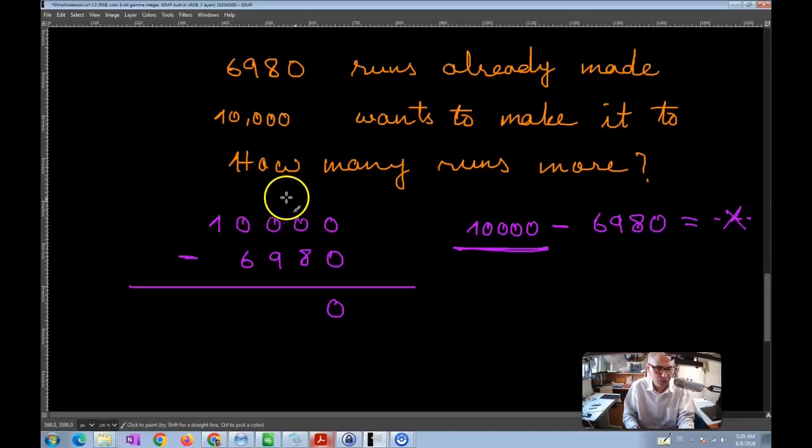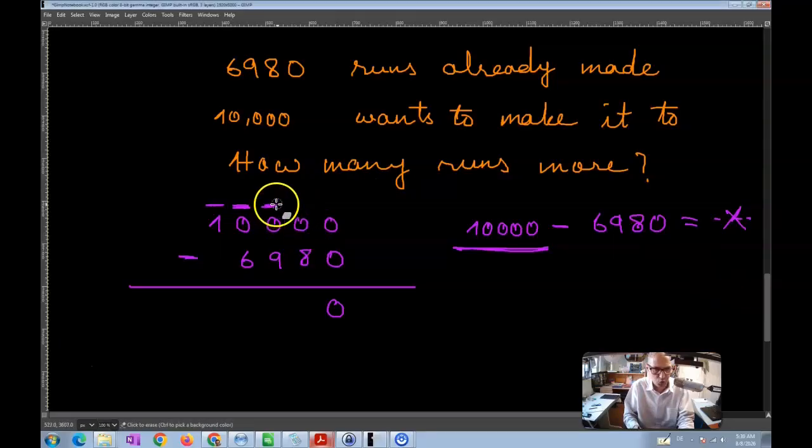So I have to borrow from either this digit or this place value. From any of these place values I have to borrow something, so that I have at least 8 groups of 10, so that I can subtract these 8 groups of 10.